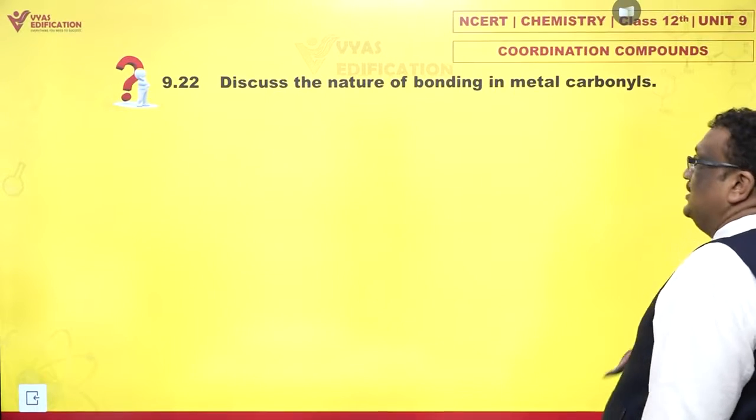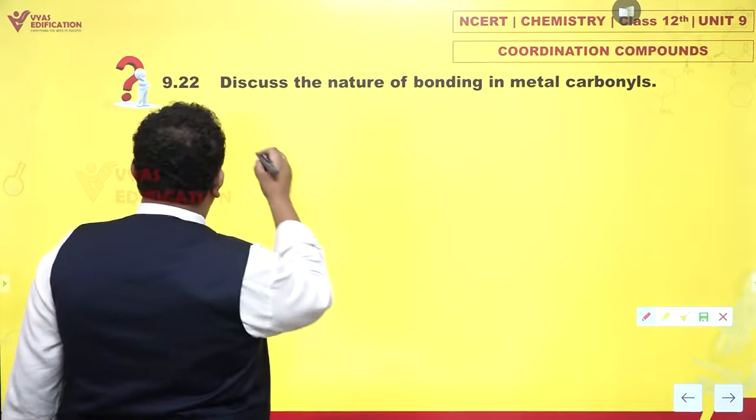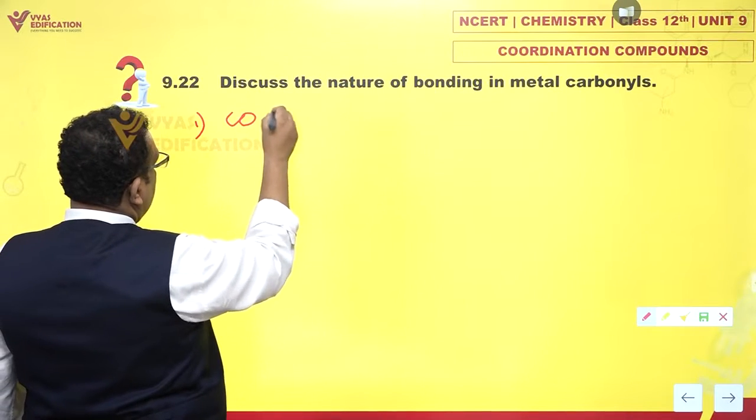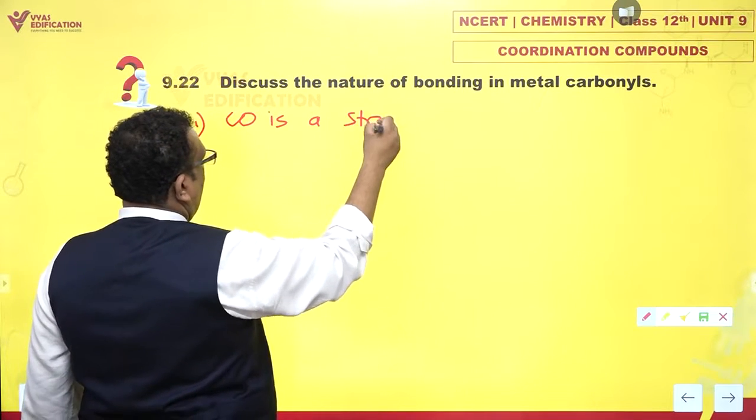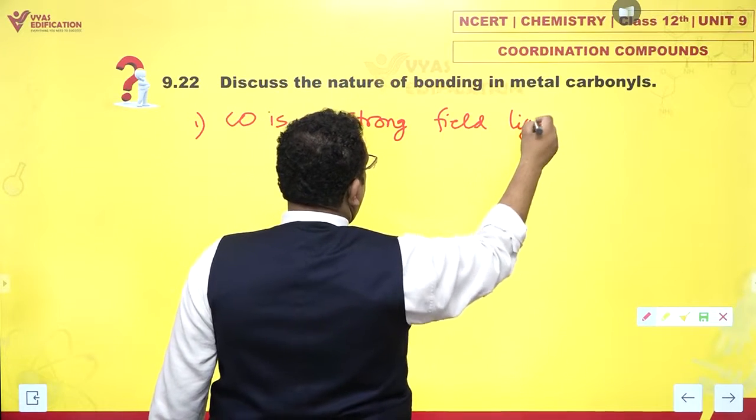What happens is this. First of all, please remember, in metal carbonyl, carbon monoxide is very powerful, it's a strong field ligand. Because it is a strong field ligand, you find that all metal carbonyls are low spin complexes. So whenever there is a distinction possible, CO is a strong field ligand.